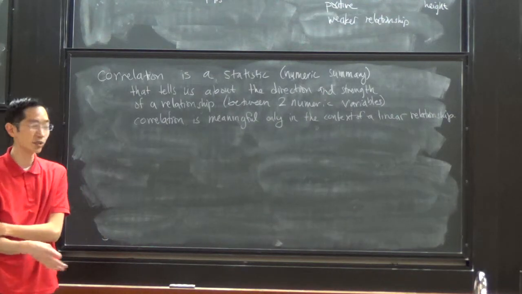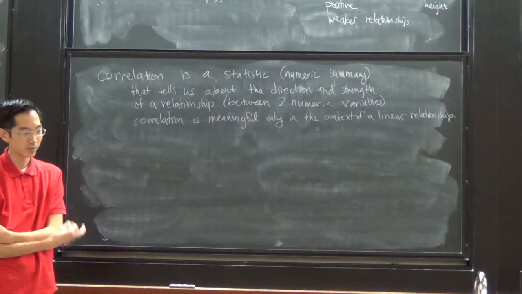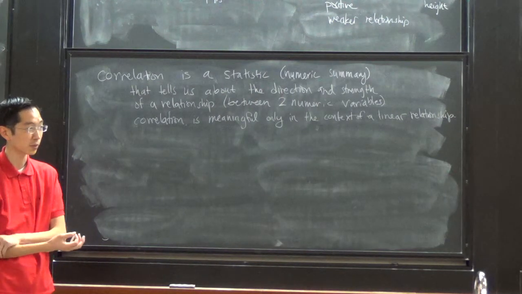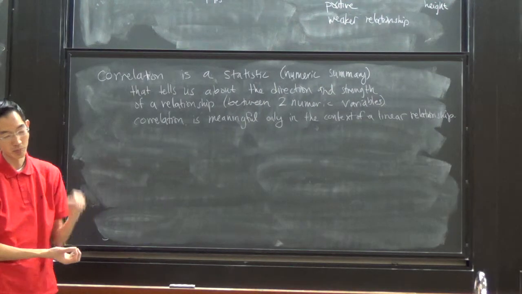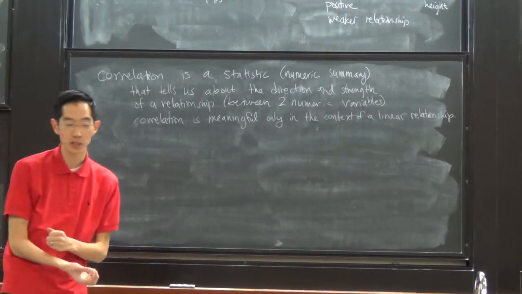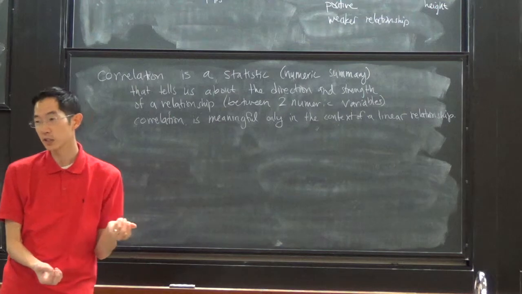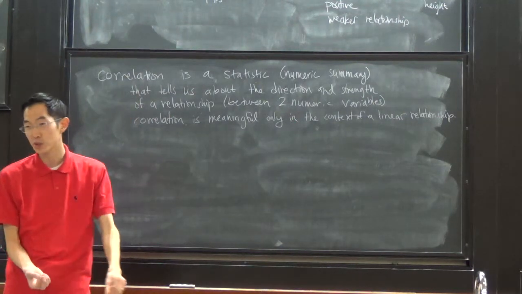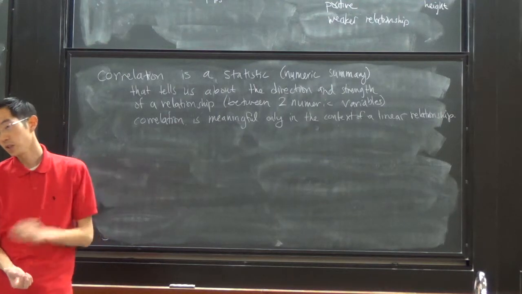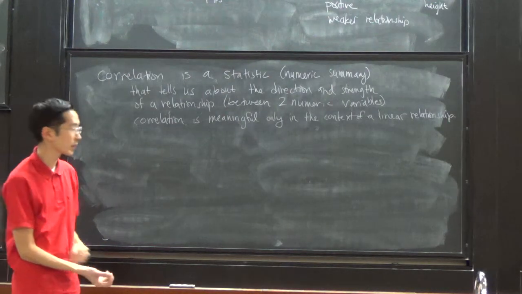You can calculate correlation for any data set where you've got two numeric variables. But the interpretations or the meaning that you can draw from correlation, it's only meaningful for a linear relationship. So it exists for any pair of numeric variables, but it's only meaningful for a linear relationship.